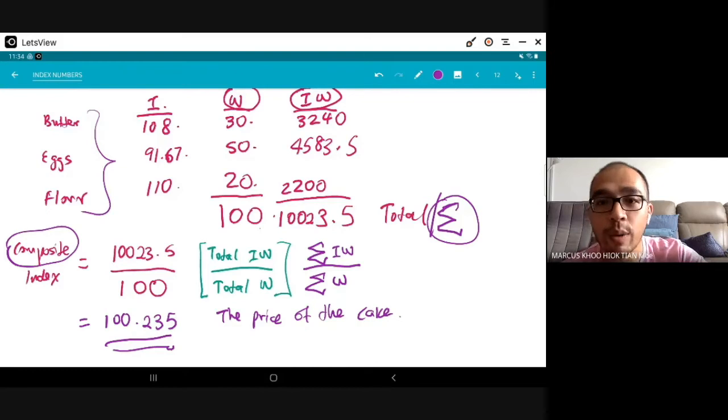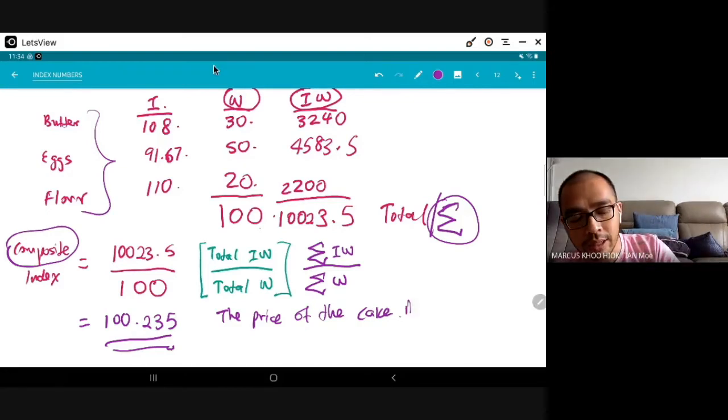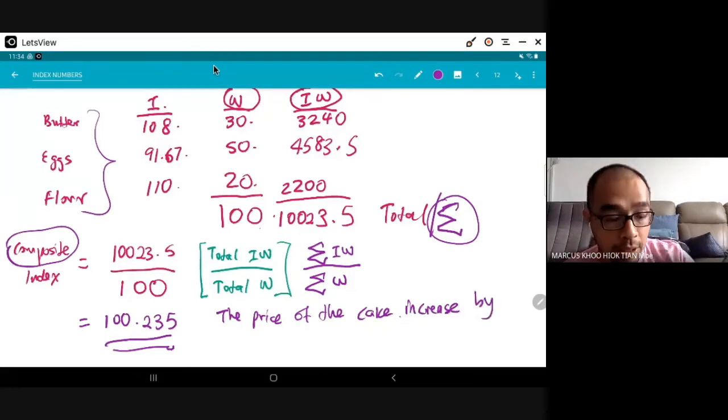I have to wait for you to type the answer. The price of the cake increases by how many percent? Because it's more than 100, by how many percent? How many percent increase? Tell me.